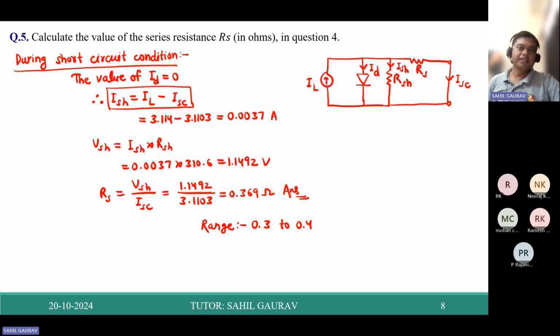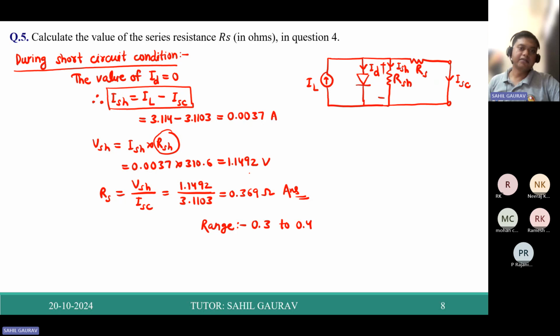Now we find VSH. VSH will be ISH into RSH. You will get RSH from the previous problem, 310.6 ohm.